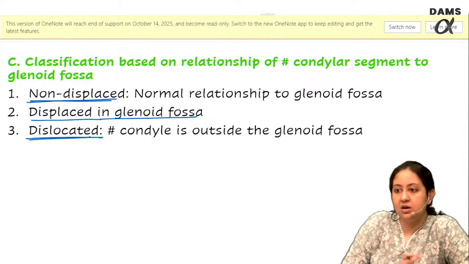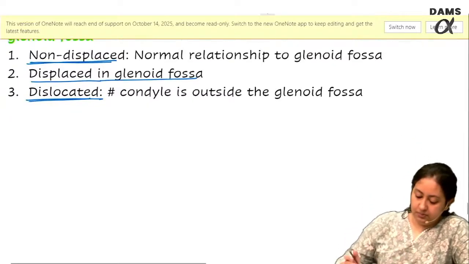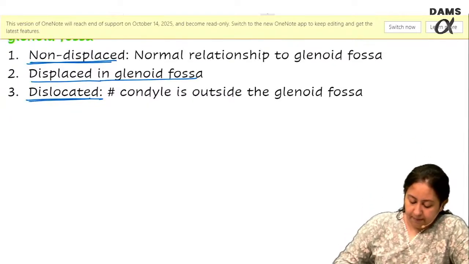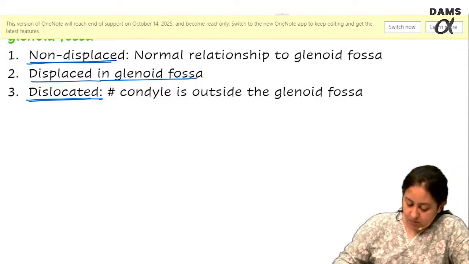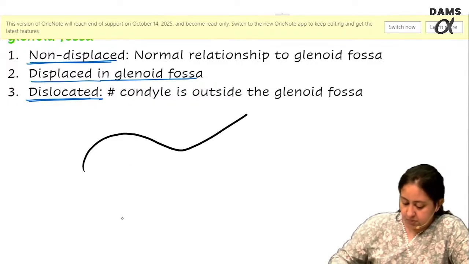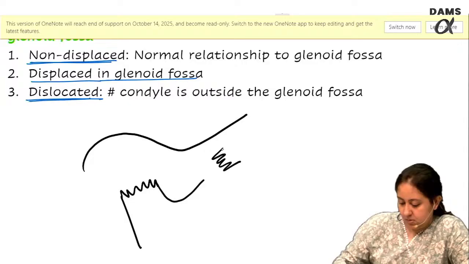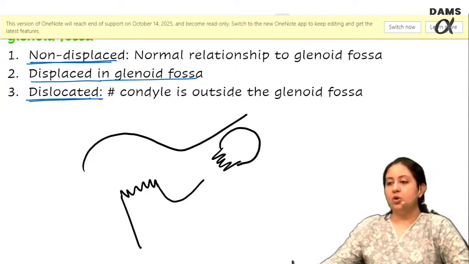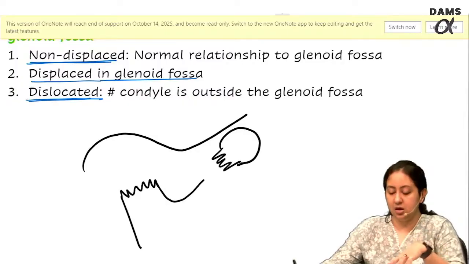The no contact diagram that I drew. I will just draw no contact here again. Dislocated. The condyle is outside the glenoid fossa.